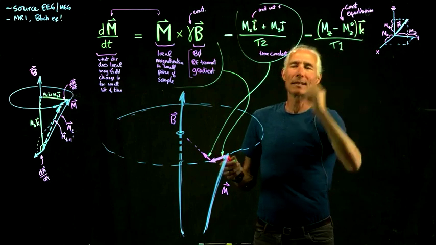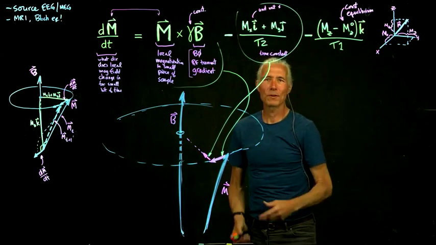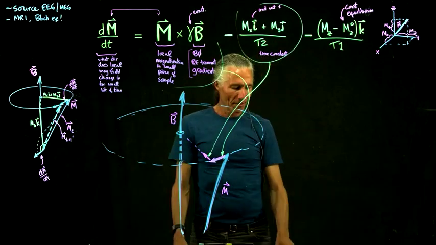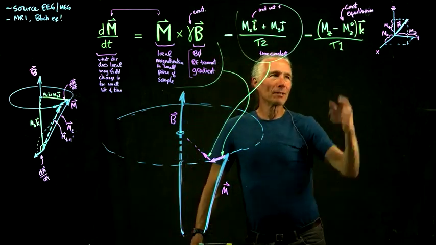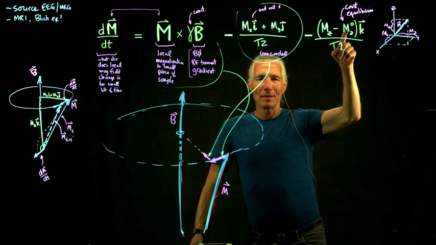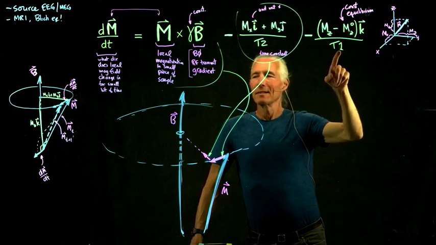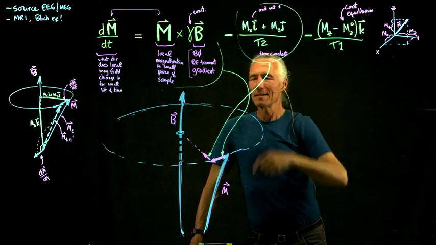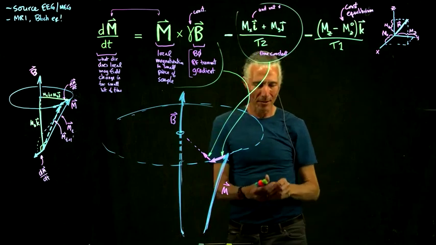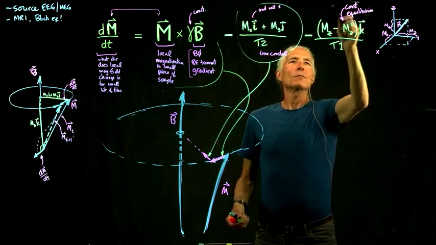So that's how T1 gets in there. So if you've heard about MRI, you have proton density, which is basically how many protons you got, and you've got T1 and you've got T2. So everything's all there.